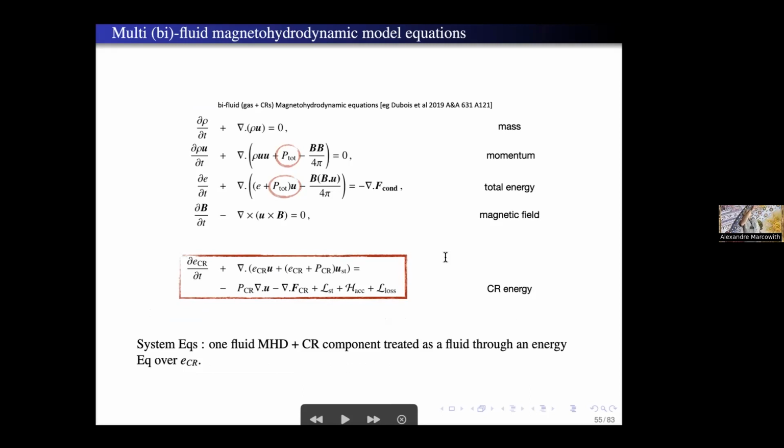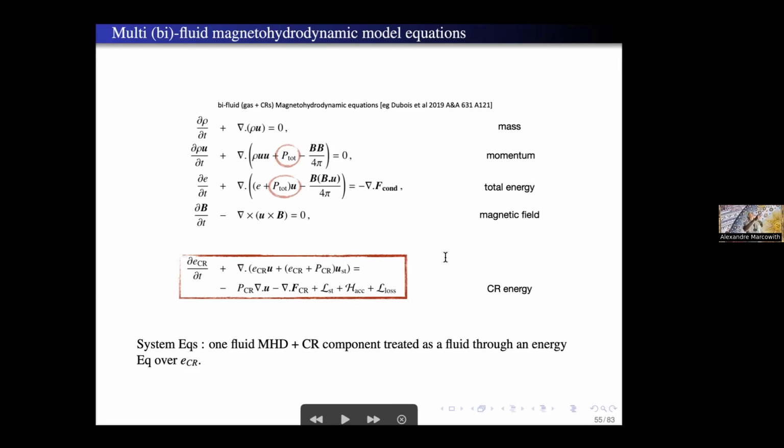And as I showed you, cosmic rays are active here in the total pressure term, combining gas and magnetic field. You have the cosmic ray pressure itself. And again, the gradient is a force. So adding a cosmic ray pressure gradient, you simply add some force on the gas.